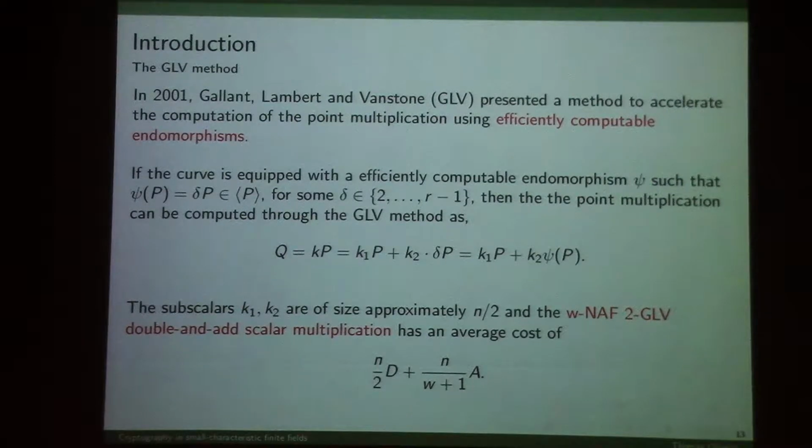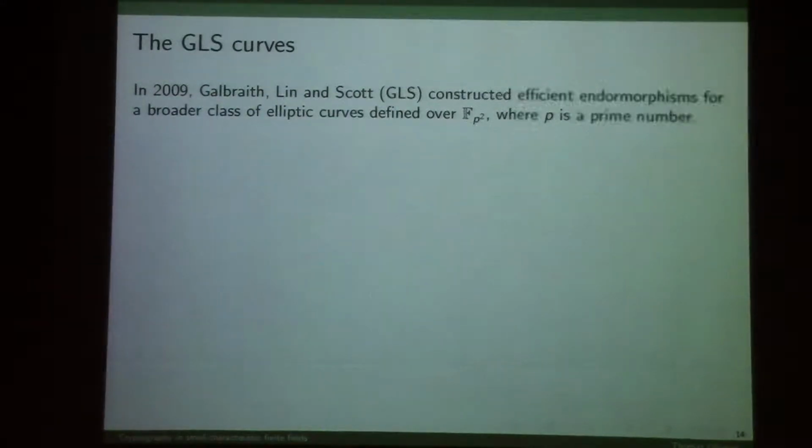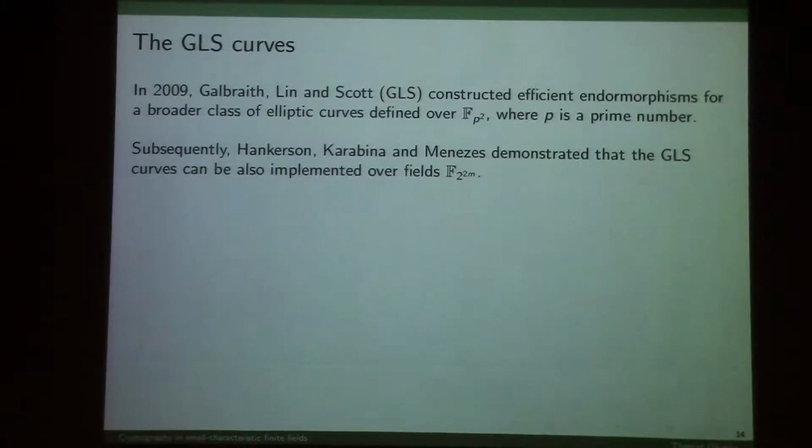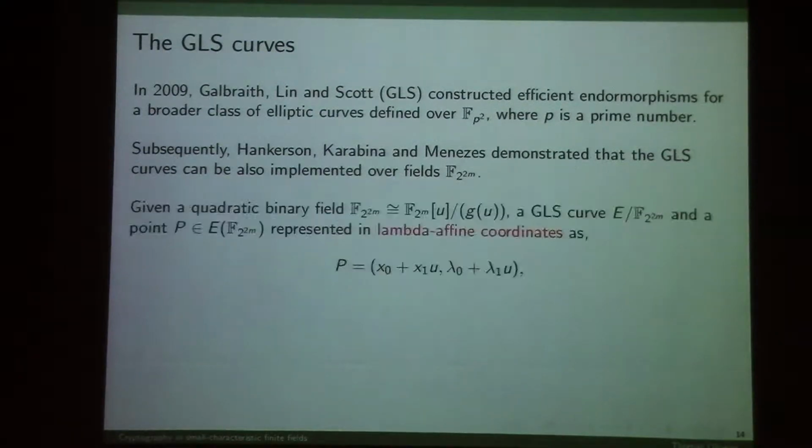To do that, we need a curve which has an efficiently computable endomorphism. That's the GLS curve. In 2009, Galbraith, Lin, and Scott constructed efficient endomorphisms for a broader class of elliptic curves defined over a quadratic field. They proposed it for prime fields, but then Hankerson, Karabina, and Menezes demonstrated that these curves can be implemented over binary fields, that is, quadratic extensions of binary fields.